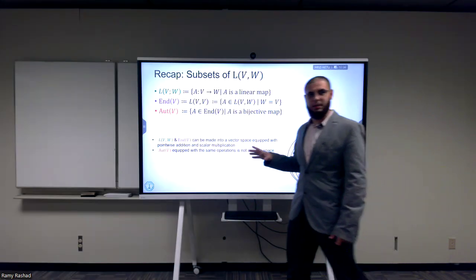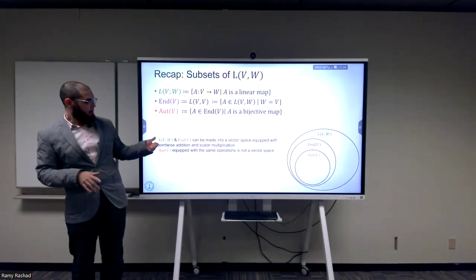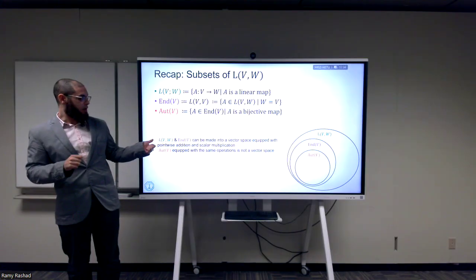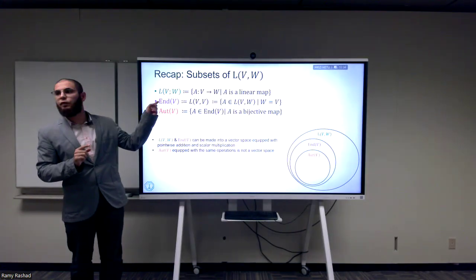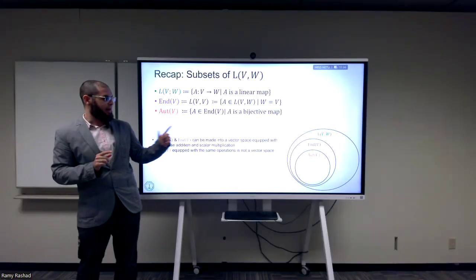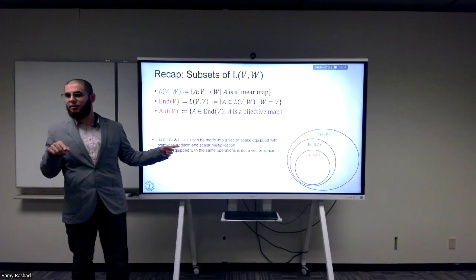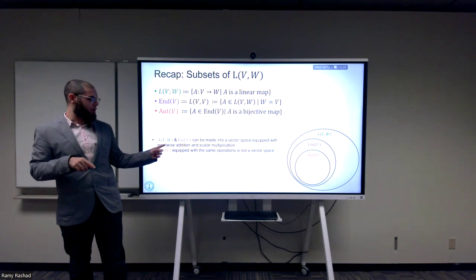This is one of the statements that we mentioned last time without any proof. I told you that the set of linear maps from V to W, and also the endomorphisms, can be made into a vector space. And I showed you last time the diamond plus and the diamond times. These were defined pointwise.